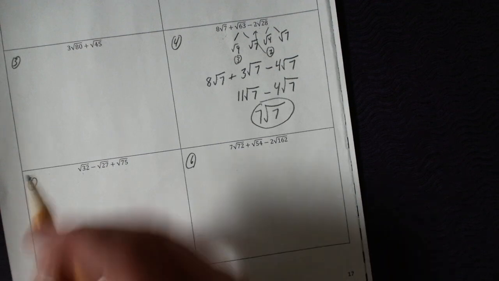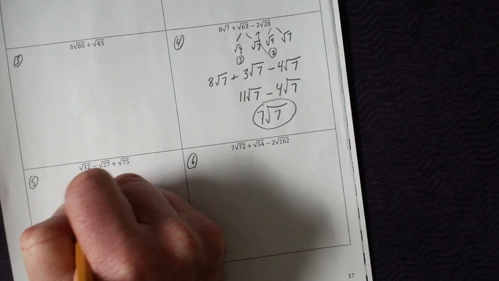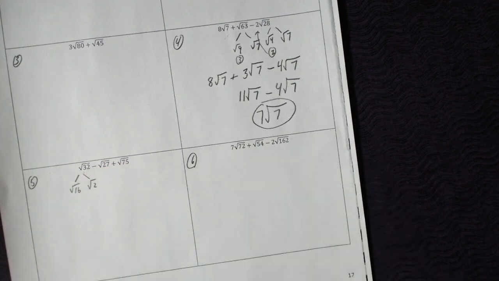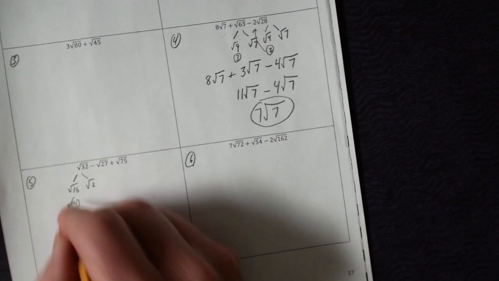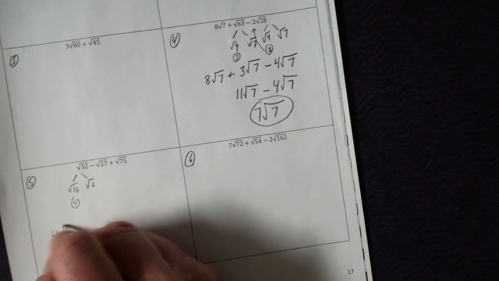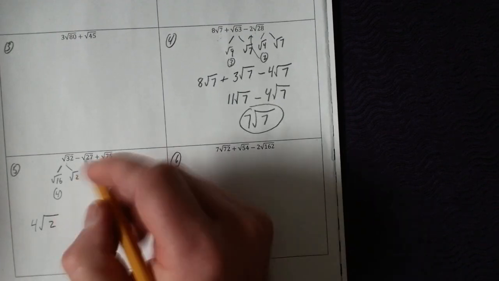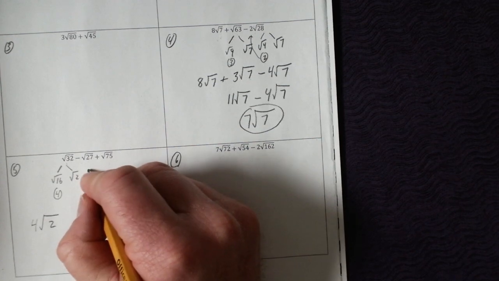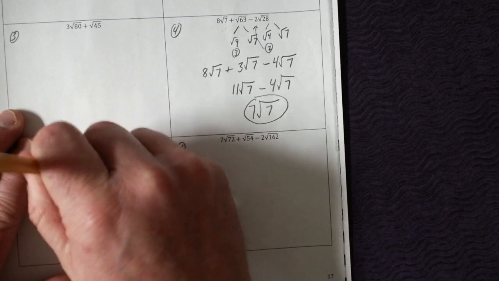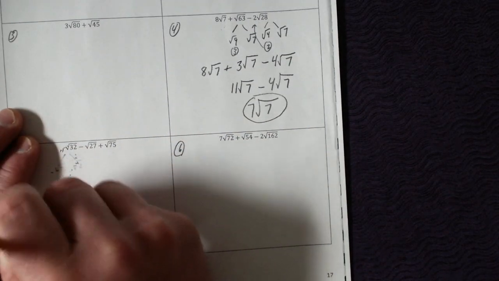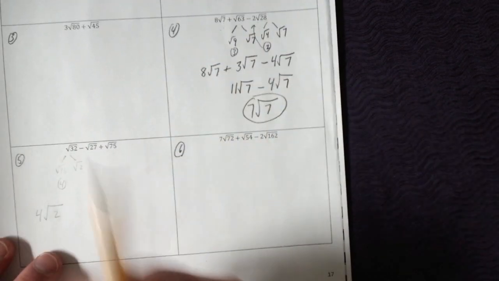Okay, so I'm going to start with the 32. We've done 32 a lot, and I remember that 16 is the perfect square. So let's go ahead and break that one down. 16 becomes a 4. So now I have 4 radical 2 for that one. Actually, I'm going to start over, because I did this one a little bit different in terms of spacing, and I want to make sure you have enough space.